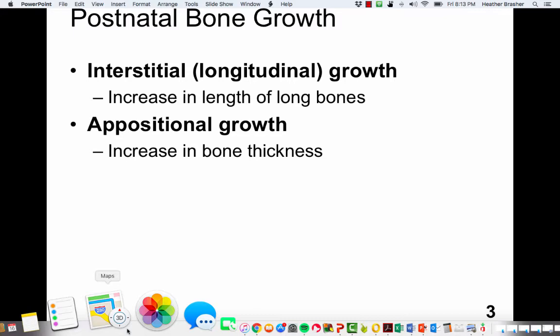Now, when we're looking at postnatal bone growth, we have what's known as interstitial growth, which is longitudinal growth, and think longitudinal as lengthwise or long ways. So this is going to increase the length of the bone, and appositional growth is the growth that's increasing bone thickness.